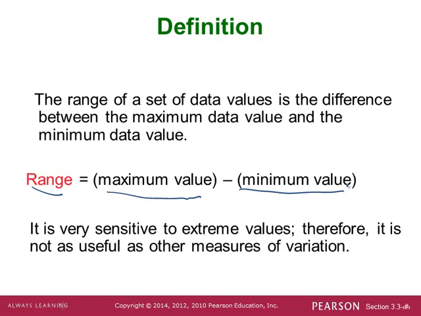So if you had already sorted your data set when determining the median, and you're going from smallest to largest, then you can simply identify that largest number and the smallest number and take the difference between those two. But just understand that it has certain limitations. In particular, it's very sensitive to extreme values, therefore it's not very useful compared to other measures of variation.